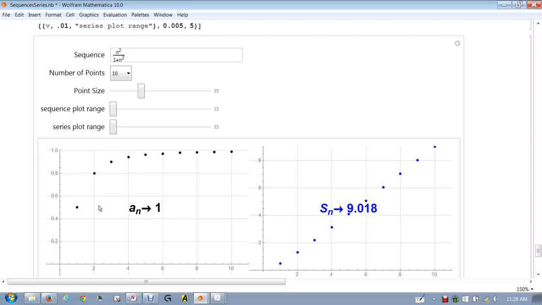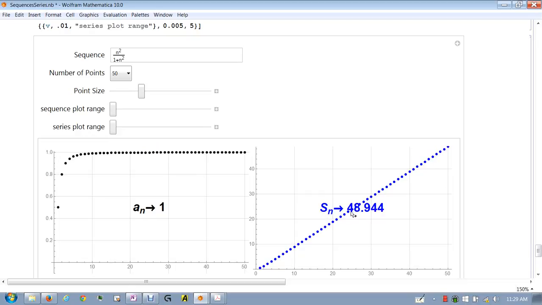So if I take the first guy right here, S sub 1 would be just this guy right here, wouldn't it? Which is the answer right here. S sub 2 would be taking this guy's height and adding this guy's height to it. Stack them on top of each other. That new height added together is this number. Yes? My third one would be the first 3 stacked on top of one another, and you get this height. And so look at what's happening to the nth partial sum. As I go out further, watch, this is going to 1. Look what happens to the nth partial sum.